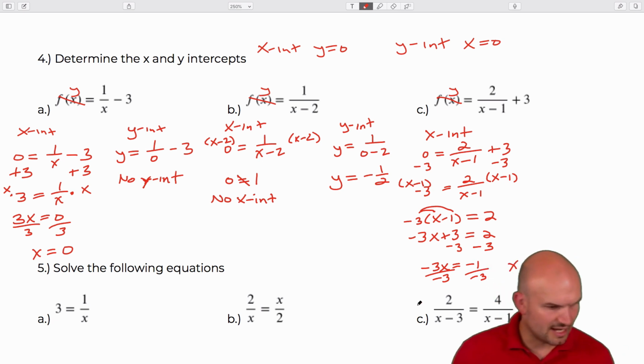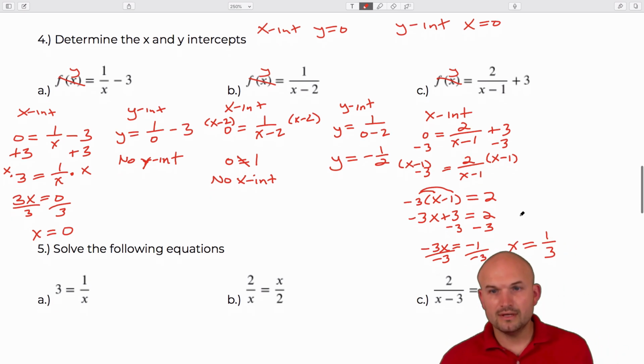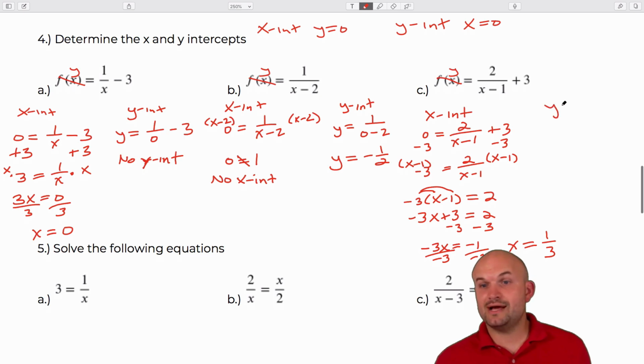Yep, very good. All right, so now let's look into the y-intercept. So now I'm going to have y is equal to 2 over 0 minus 1, plus 3.